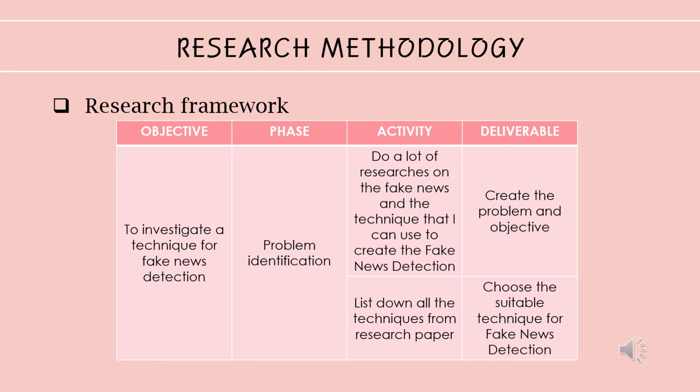The first activity is to do a lot of research on fake news and the techniques that I can use to create the fake news detection. The deliverable is the problem and objective. The second activity is to list down all the techniques from research papers. The deliverable is to choose the suitable technique for fake news detection.